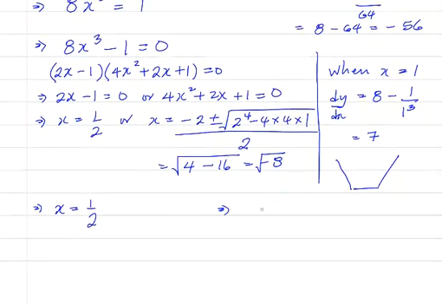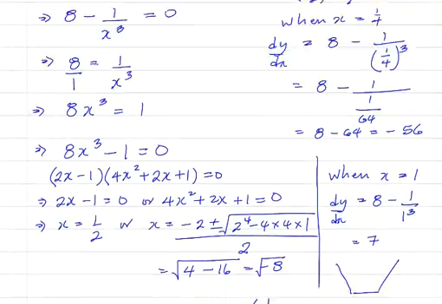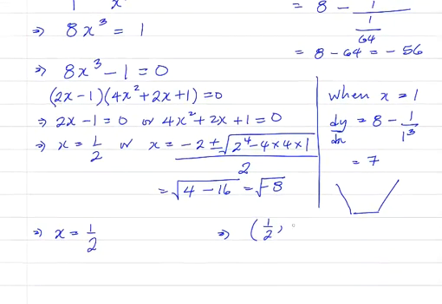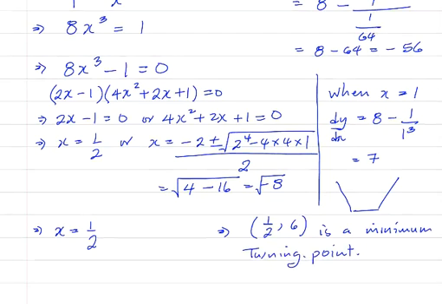Therefore the turning point, which is a half, 6, is a minimum turning point. Alright, next example.